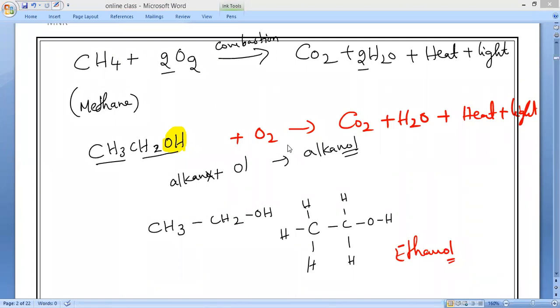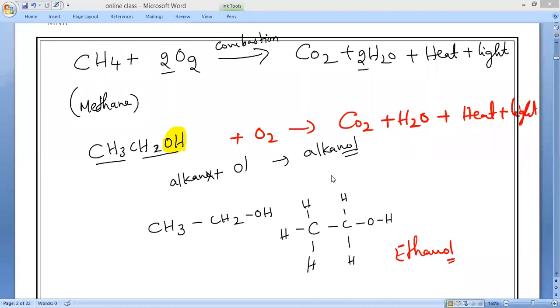We want hard work, but thinking smart work is more important. You have to think and do it. 2CO2, 3H2O, sir. Is it correct, brothers? 2CO2, 3H2O, 3O2. Very good.